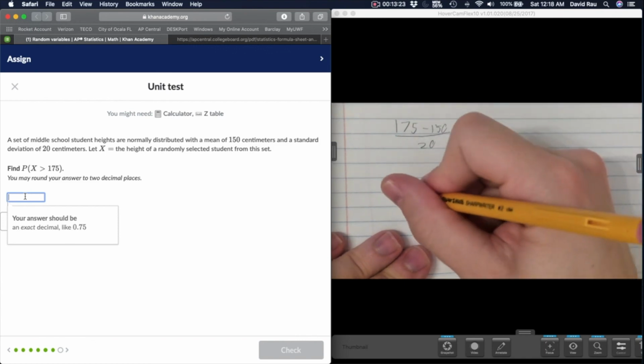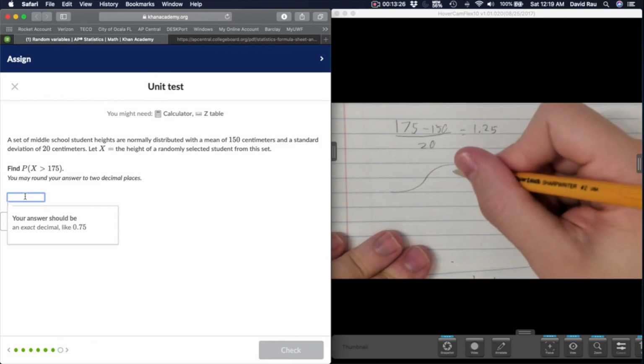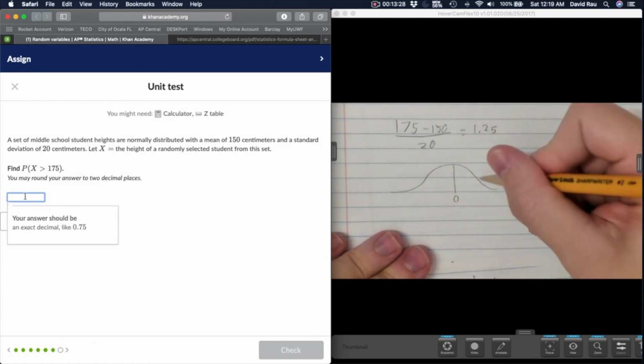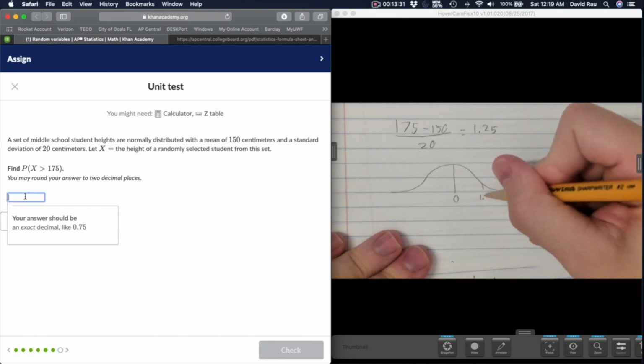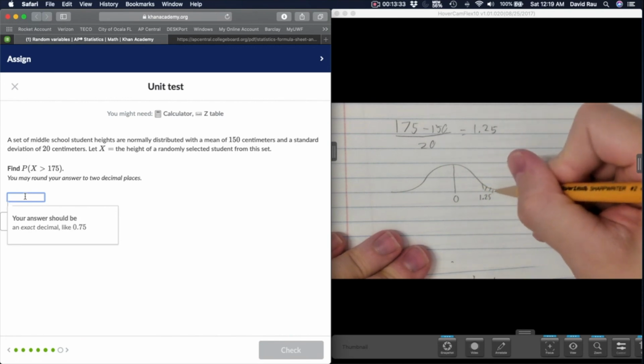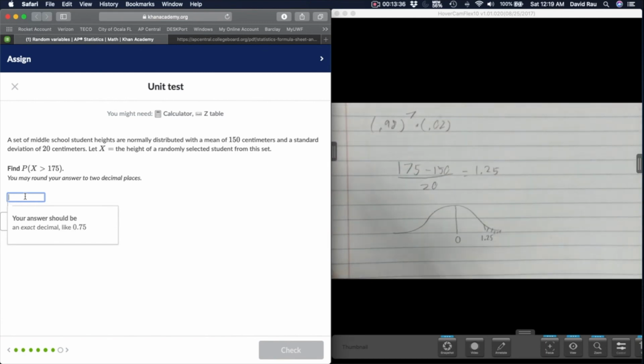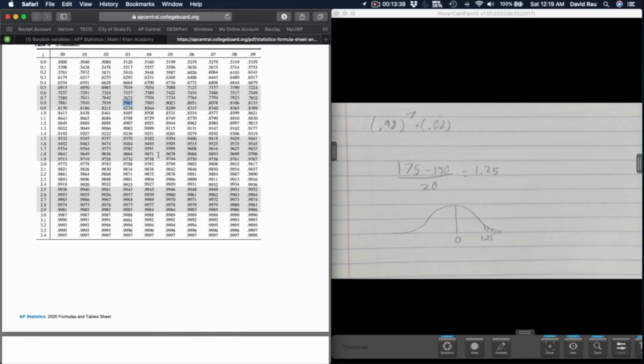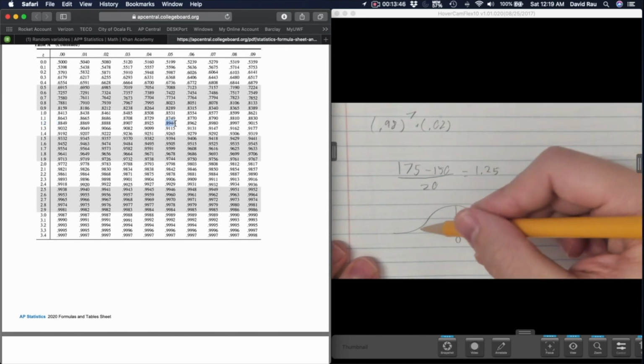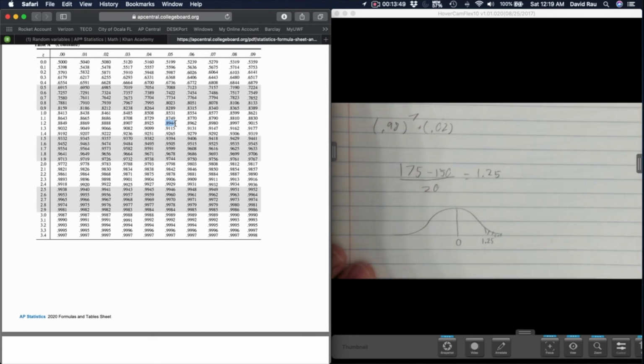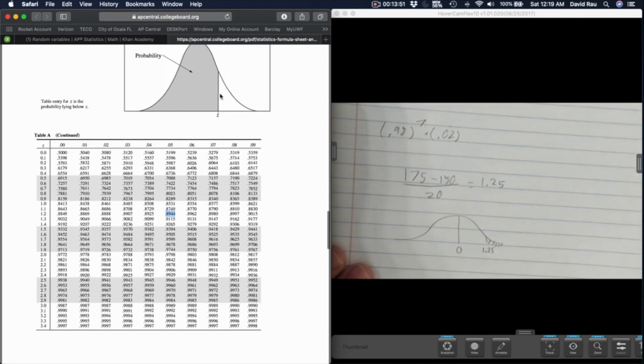Now the idea is this would be the z-score of 0, this would be the z-score of 1.25, and we want greater than this happening. So when I look at the z-table for z equals 1.25, 0.8944. Remember that the z-table will tell you all the values less than, and that's indicated by the fact that the shaded region is always to the left.